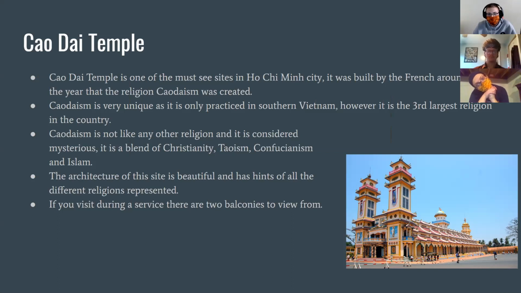If you do view this temple, and you happen to come when there's a service time, there are multiple balconies that you'll be able to look into the temple from, so you can see how their services happen.